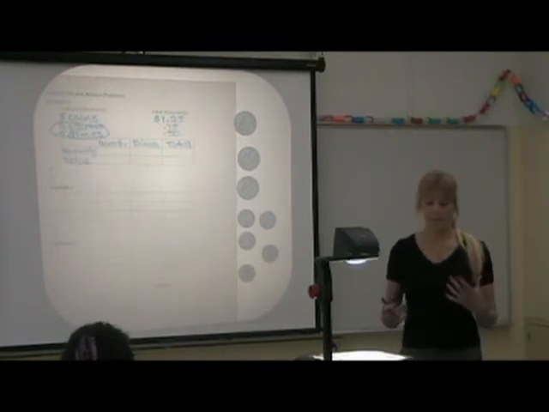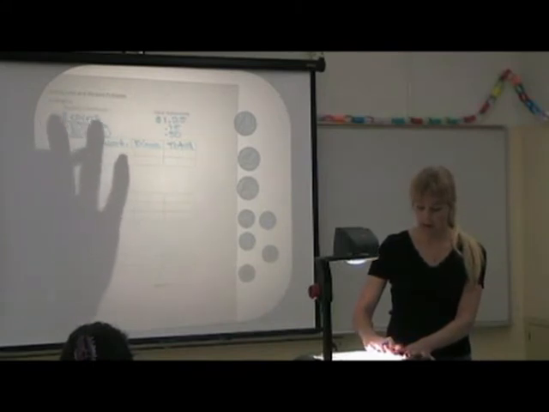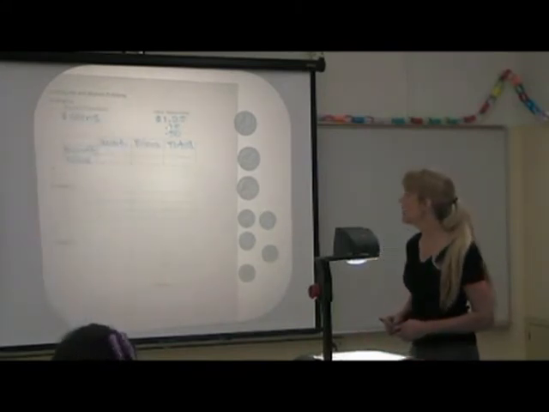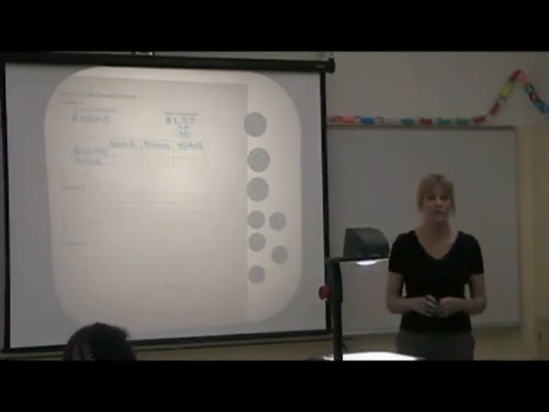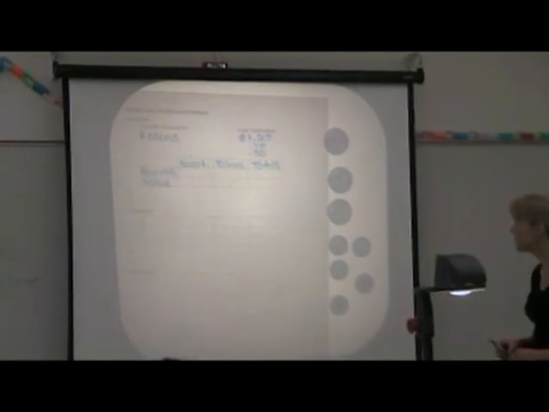So let's pretend for a minute that we don't know how many quarters or dimes we have. You can leave it written in yours. I just erased it so that we can kind of pretend we don't know that information. Okay? So the quantity of quarters, we're going to use a variable because that's one of our unknowns.